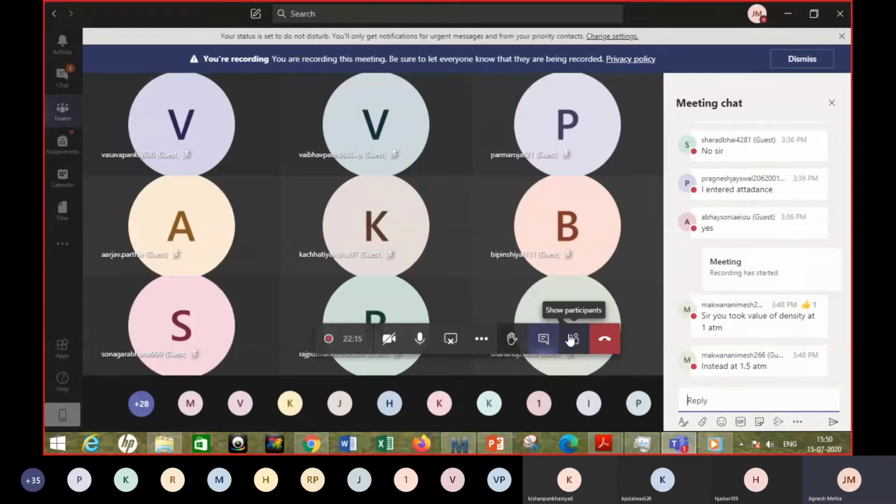If somebody wants to convey something, they can write in the chat box rather than raising hand; I get the signal, so I read that point. So in case you want to convey something, you can write in the chat box.